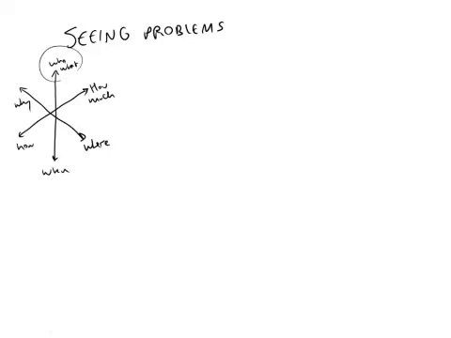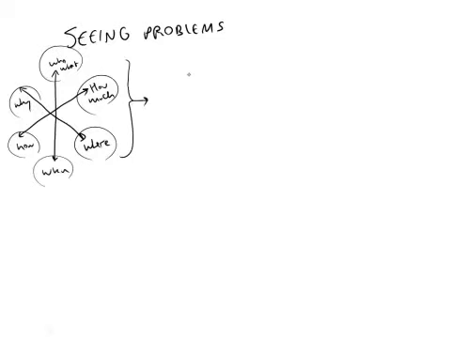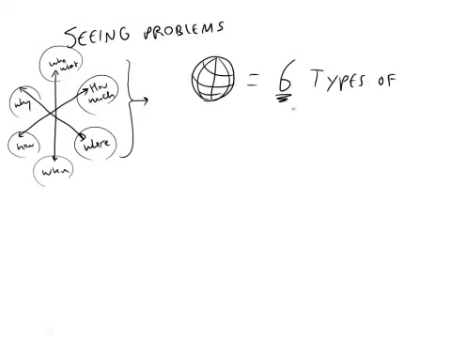This is the way that we are going to learn to see problems so that we can actually solve them. And the reason that this is going to work is because in the entire world, believe it or not, it is possible to say that there are only 6 types of problems.